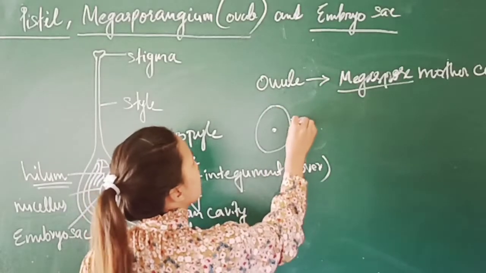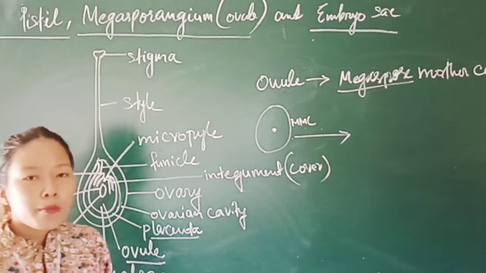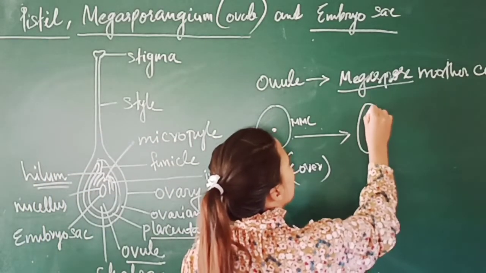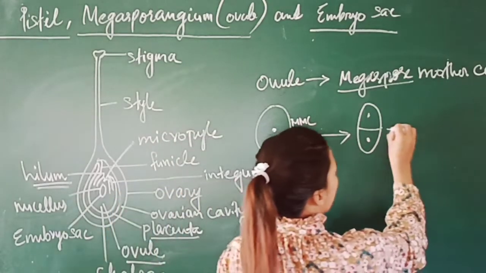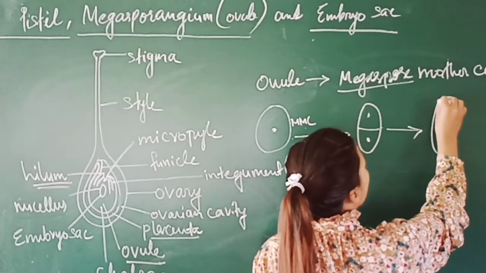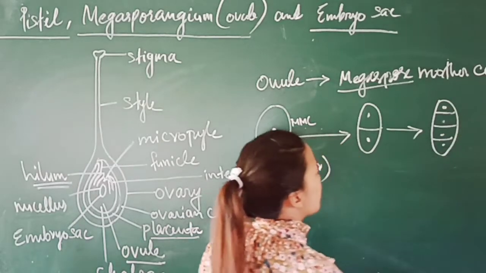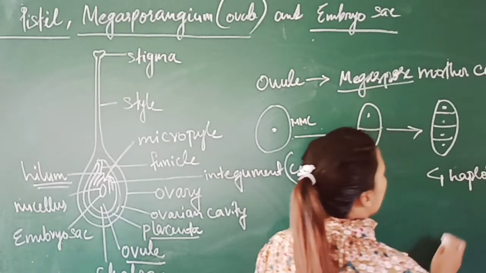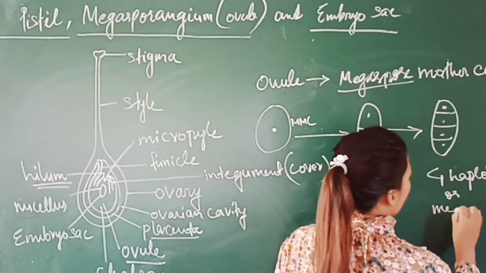It undergoes meiosis and gives rise to two cells. Again they undergo meiosis and give rise to 4 haploid cells, or 4 megaspores.